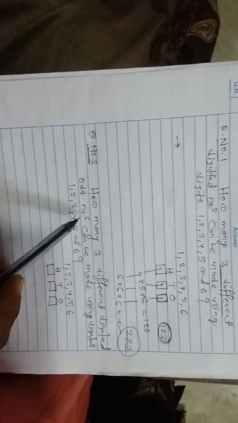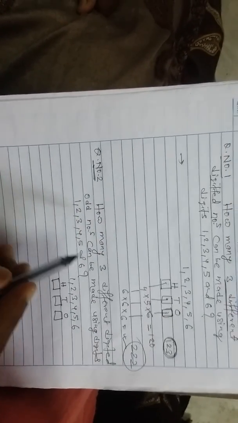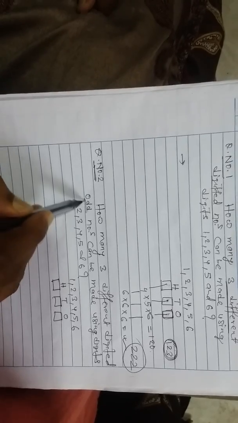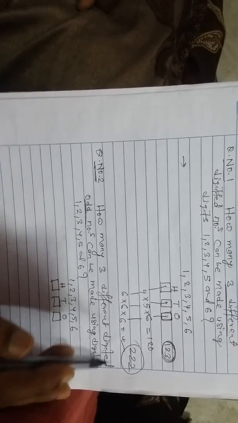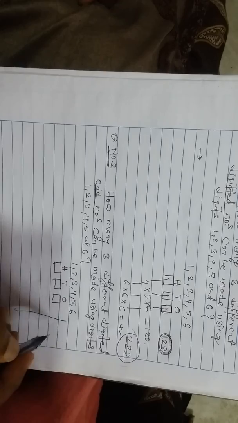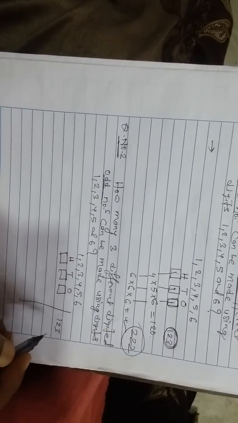Different digited numbers has been asked in the question, but this question is different from the last question in the matter that now we require odd numbers, not simply numbers, odd numbers. Can you say that 123 is an odd number? Yes, you can. How can you say 123 is an odd number? Because the last number, the number at the unit place, is the odd number 3.